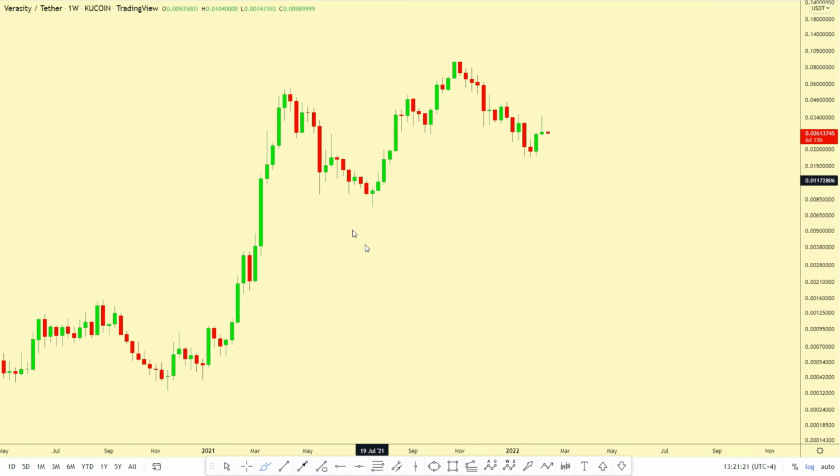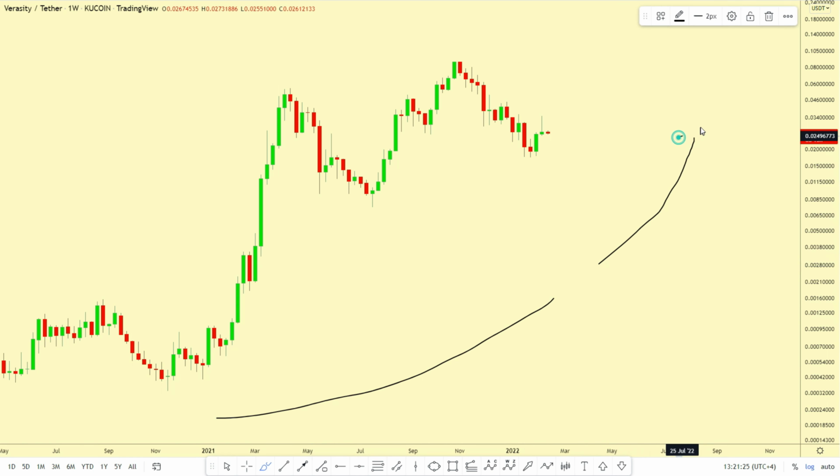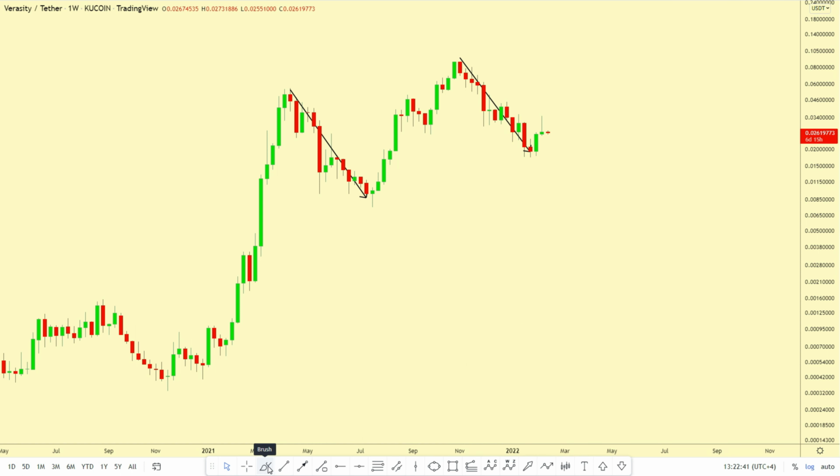Now the second important point is that Verasity is still in an uptrend. Although the price had some deep pullbacks like this one over here and this one over here, none of those pullbacks broke the trend yet or formed any new lower lows. The price has been forming higher highs and higher lows since the very beginning of this structure.